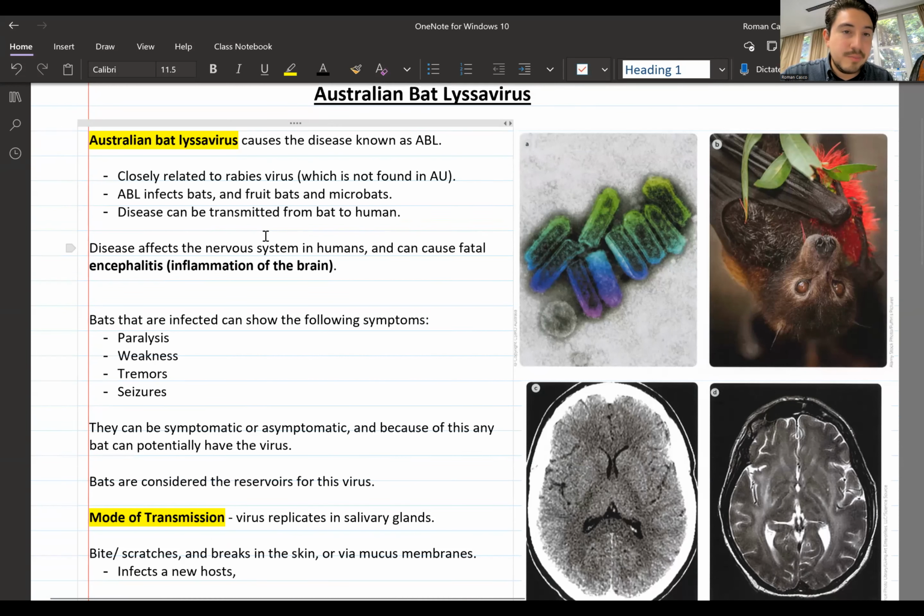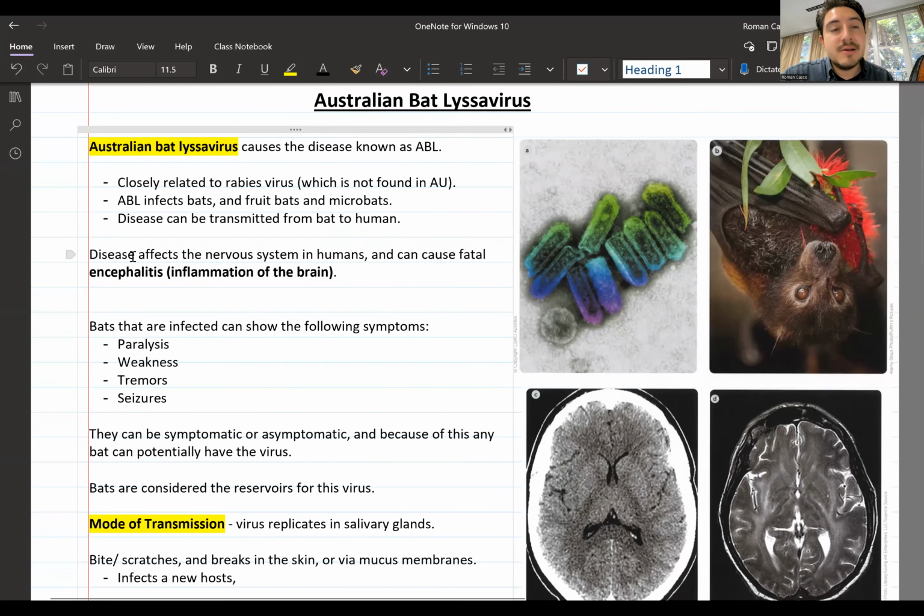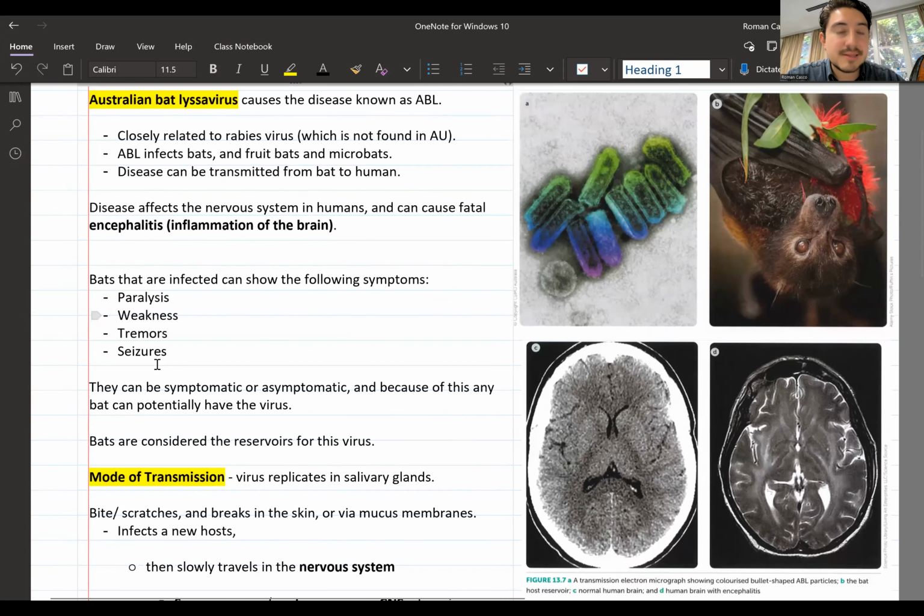One of the biggest reasons it's important is that this virus can infect humans and cause a condition called encephalitis, which is inflammation of the brain and can be fatal. It has a high mortality rate.